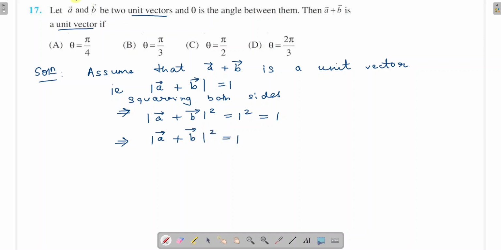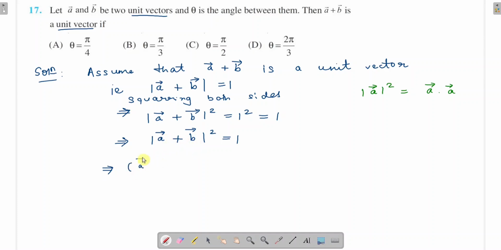Now we know this formula: magnitude of a bar square is equal to a bar dot product a bar. So this implies, now instead of a bar what we have is a bar plus b bar.